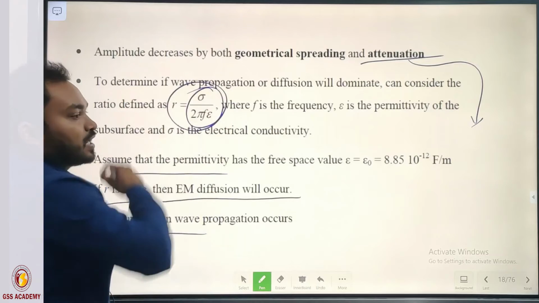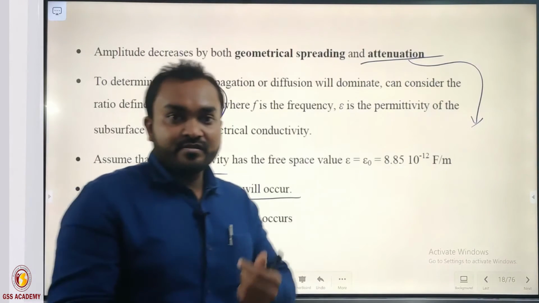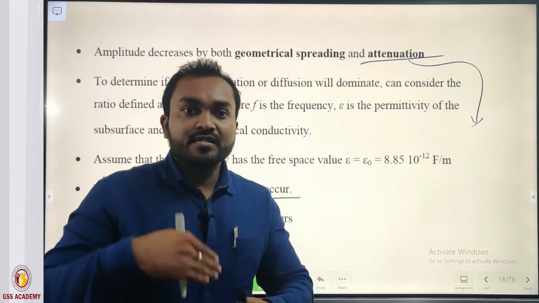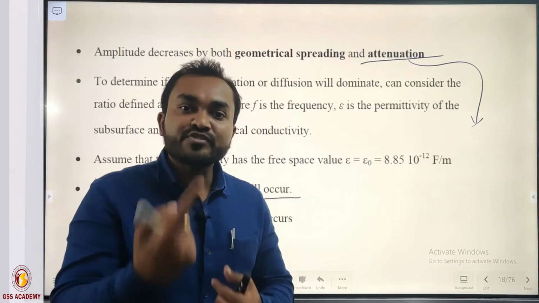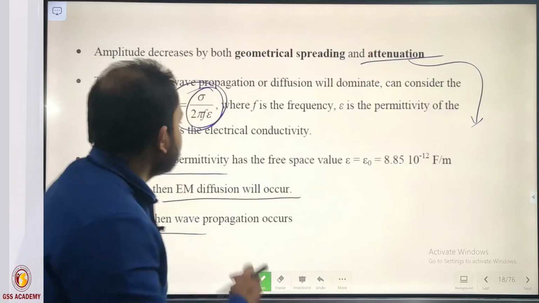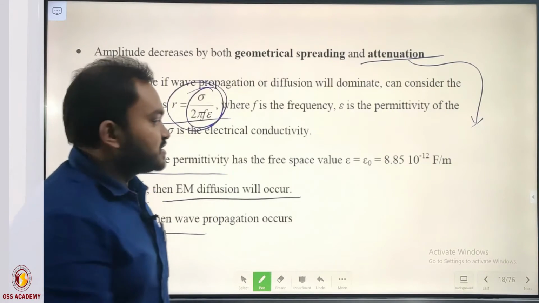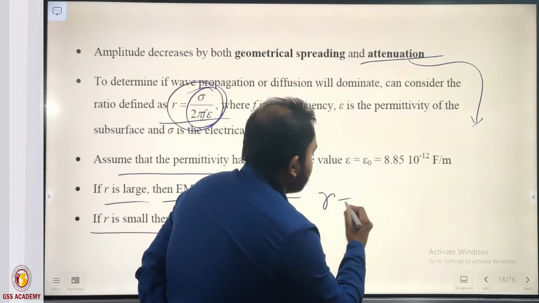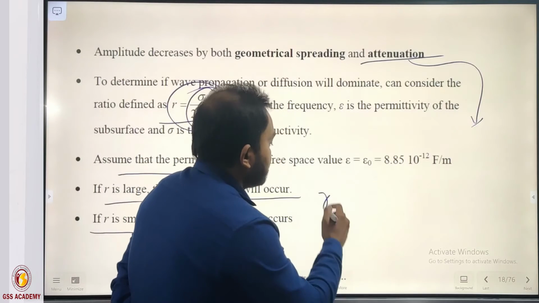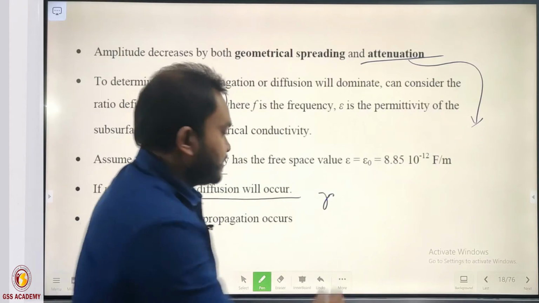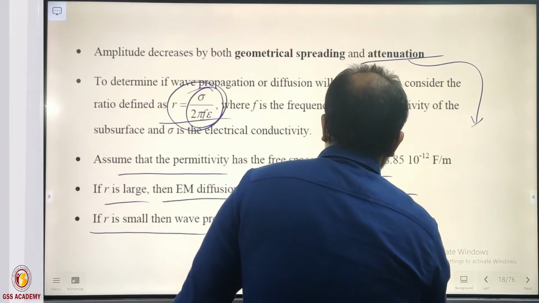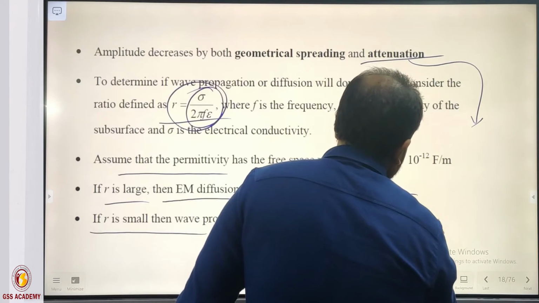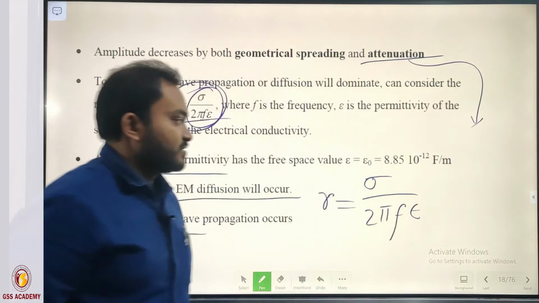So in what condition your wave propagation will occur, and in what condition your diffusion will occur, is defined by this particular parameter, R equal to sigma by 2 pi f epsilon.